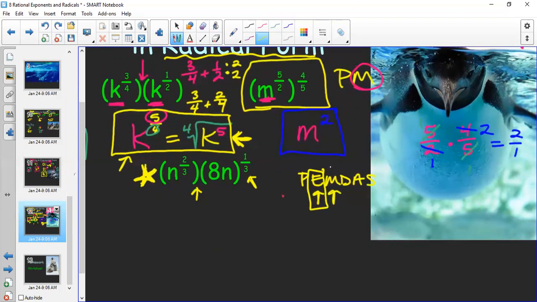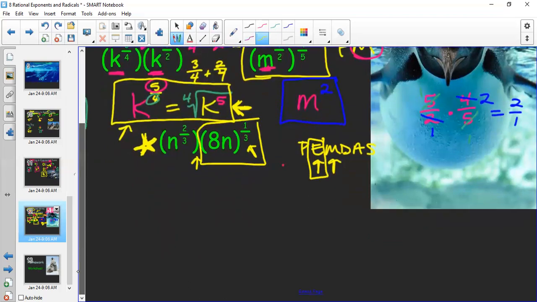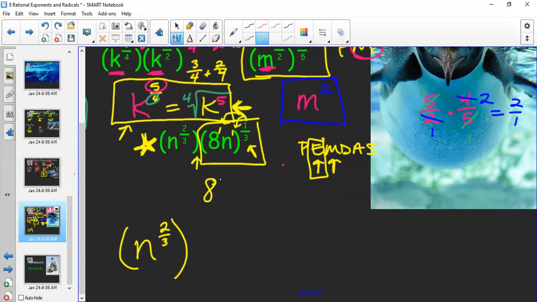Exponents comes first. So I'm going to do my power problem first. So I'm going to pull out this part of the problem. I'm going to keep n to the 2/3 down here, but I'm going to answer this part of the problem first. Okay, now I have to distribute that 1/3 to each of these. So I have 8 to the 1/3 power, and I also have n to the 1/3 power.